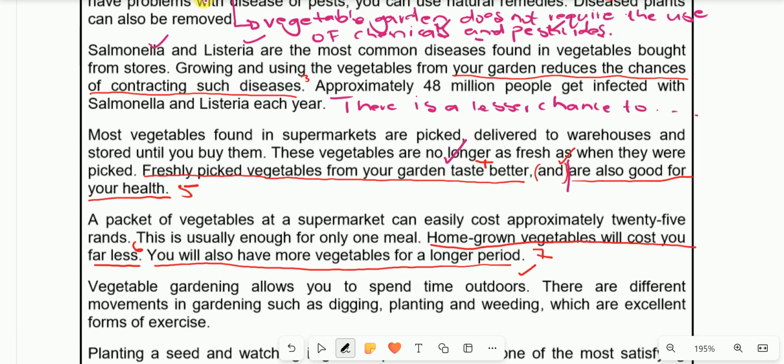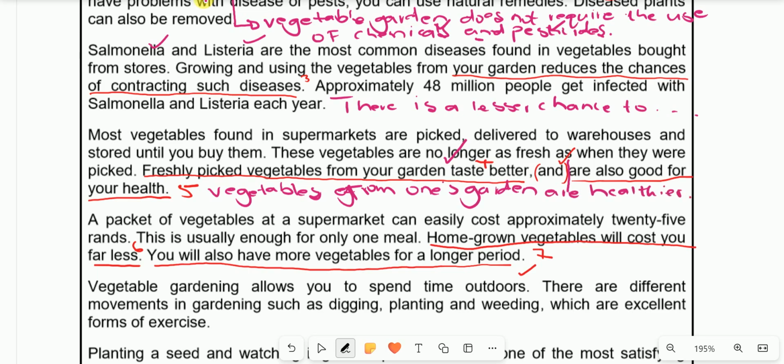So I can say vegetables from one's own garden are healthier.